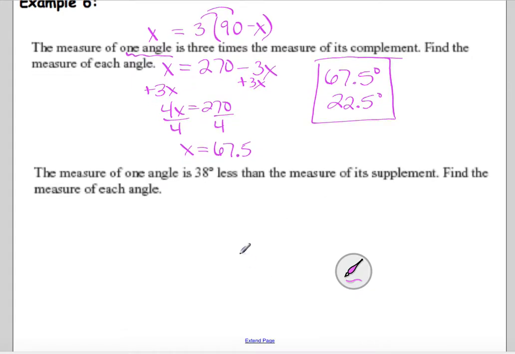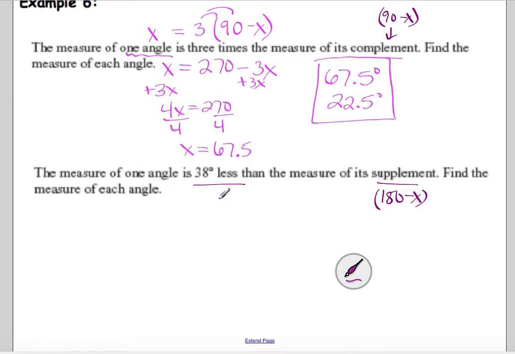The next one says the measure of one angle is 38 less than the measure of its supplement. So remember that where it says supplement, that's 180 minus x, versus where it said complement, 90 minus x. Anytime you see that. So when they say 38 less, that means to subtract 38 from whatever they said next.